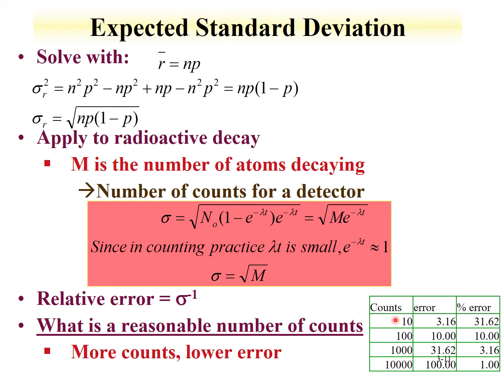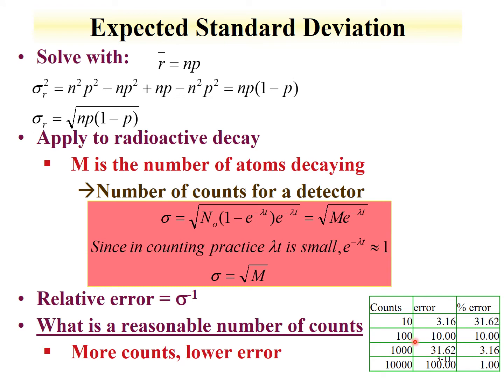And here's an example of the number of counts and the error, and then the percent error. So we have our standard deviation and the relative error from that. Imagine if you had something that had 10 counts per minute and you counted it for a minute, your relative error would be 31%. That's not very good.